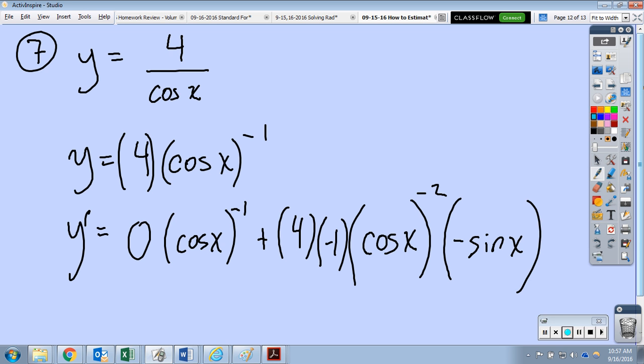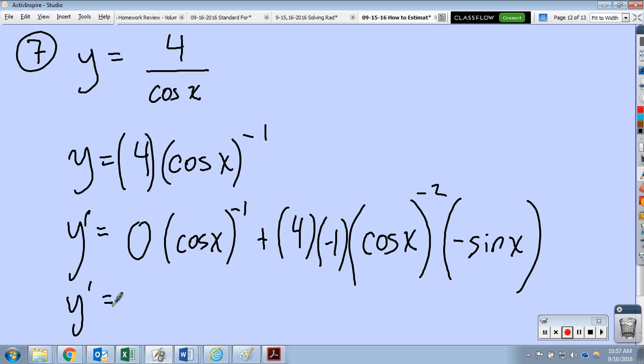So let's go back to this problem where we were going to do quotient rule, but then Lena says, well, can we make it a product rule? And the answer is yes, we can. If we finish this, we would have y prime equal to, this goes away to nothing.